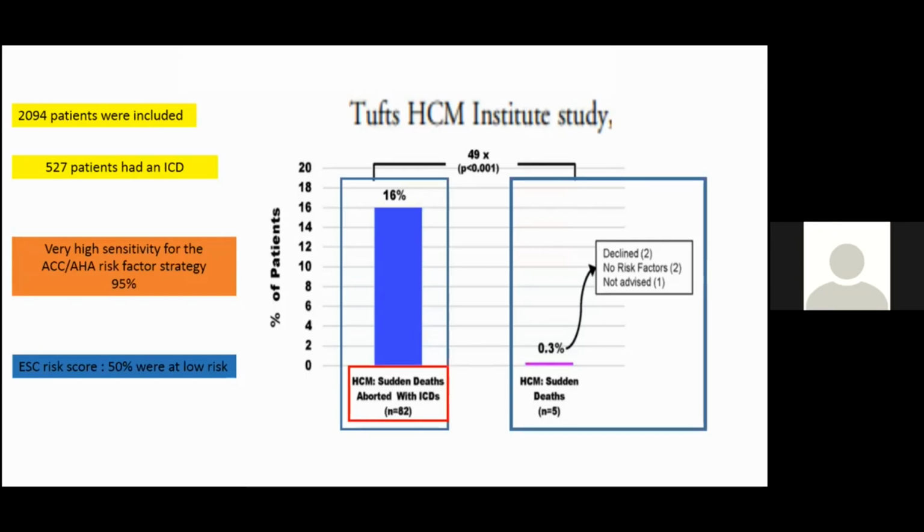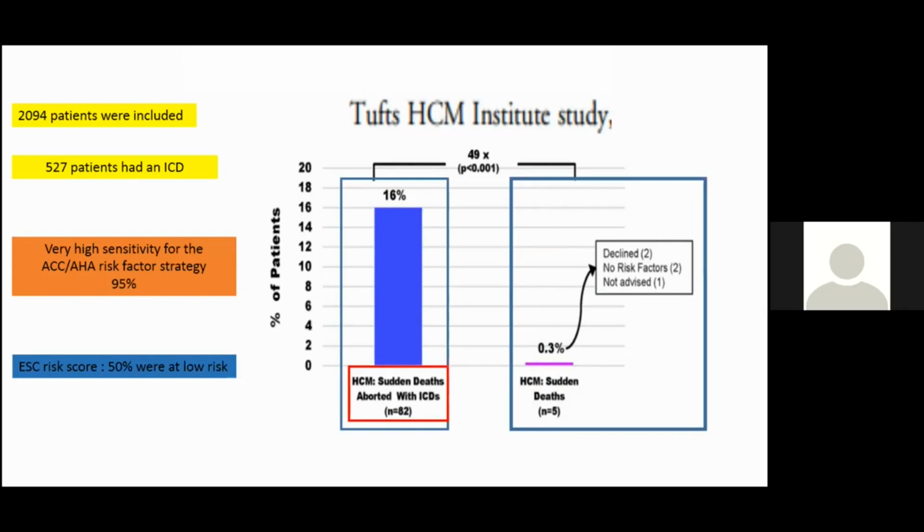But in this study, they saved 82 lives, but we want to know how many people are implanted with the risk factors but don't have shocks with their ICD.